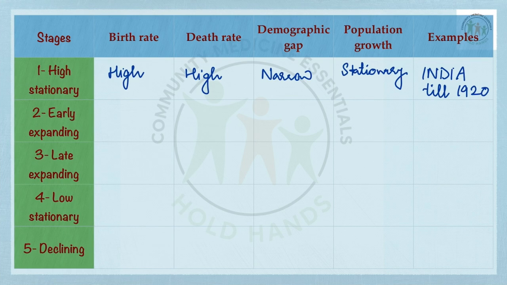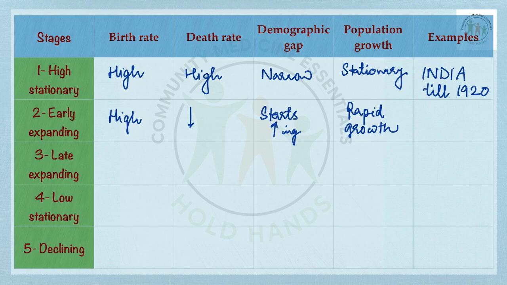Next is stage 2, early expanding stage. Here birth rate is high, but death rate starts decreasing. So demographic gap starts increasing. Population growth here will be rapid growth. Examples: many African and Asian countries.